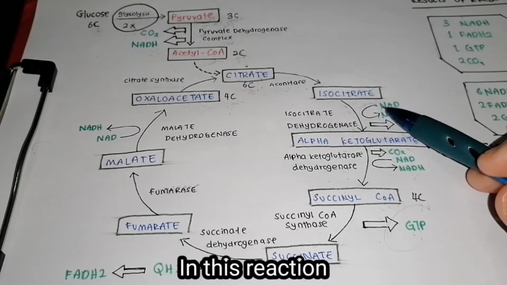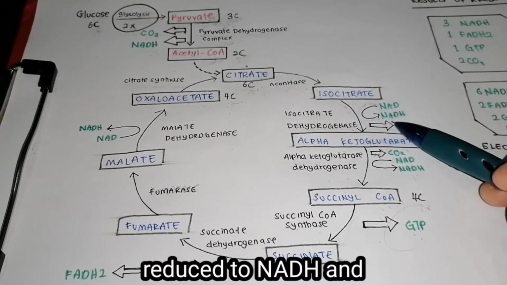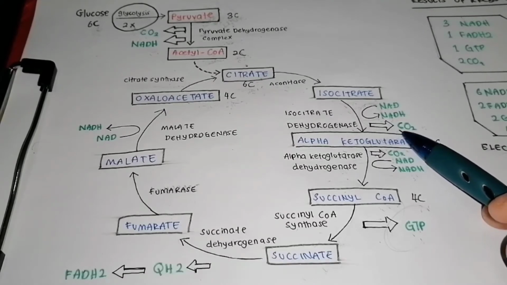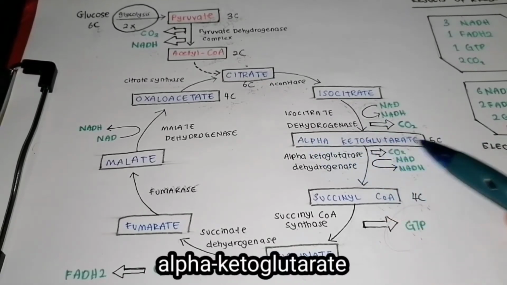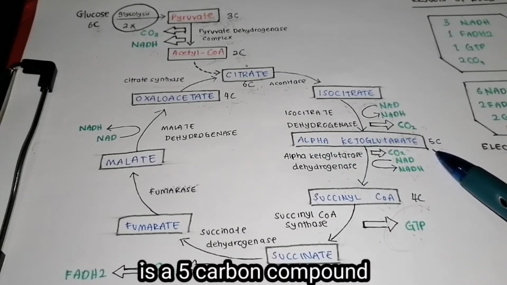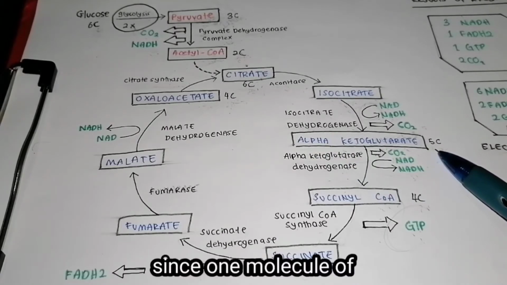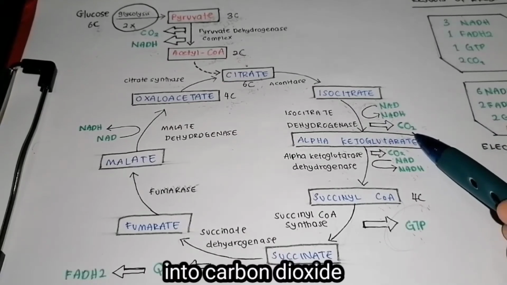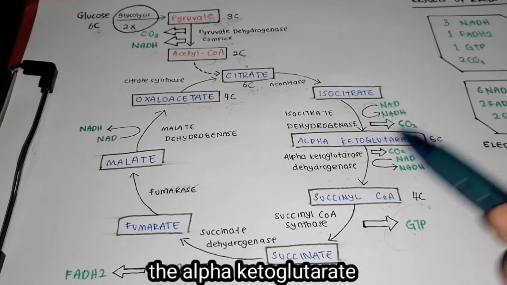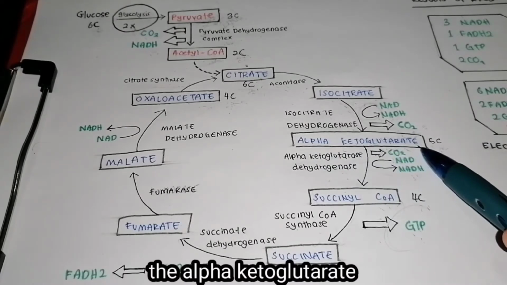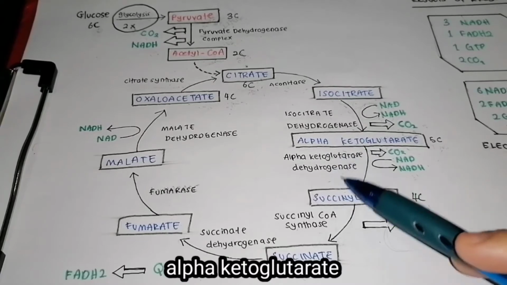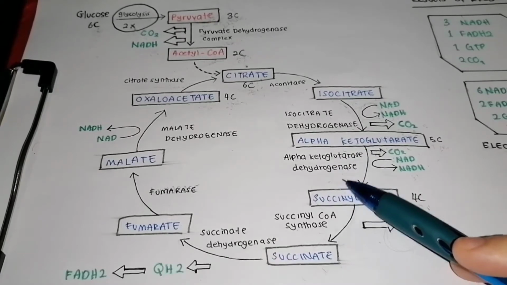In this reaction, NAD is reduced to NADH and carbon dioxide is generated. Hence, the alpha-ketoglutarate is a 5-carbon compound since 1 carbon is lost as carbon dioxide. Next, the alpha-ketoglutarate is converted into succinyl-CoA by the enzyme alpha-ketoglutarate dehydrogenase.